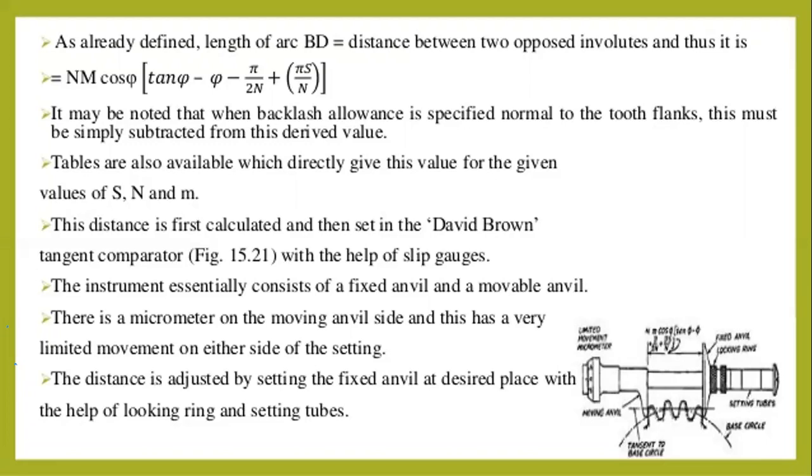So that is used to be moved on either side of the settings. And this distance is adjusted by setting the fixed anvil at the desired place with the help of a locking ring and setting tubes.